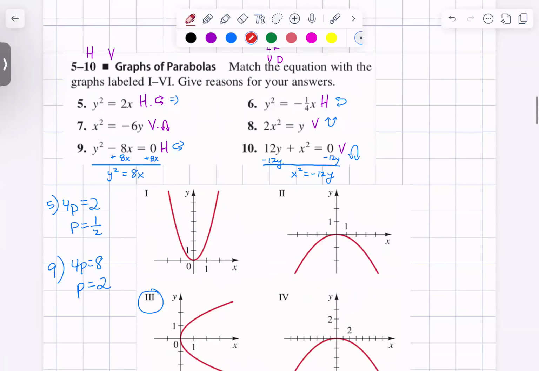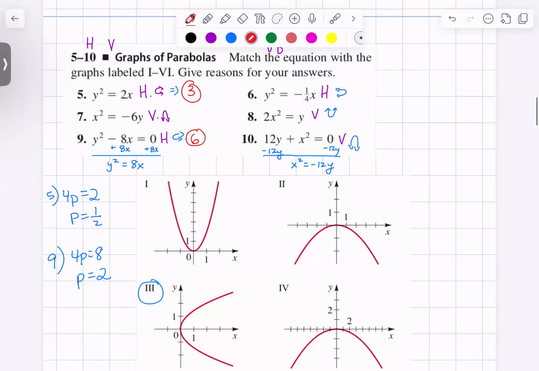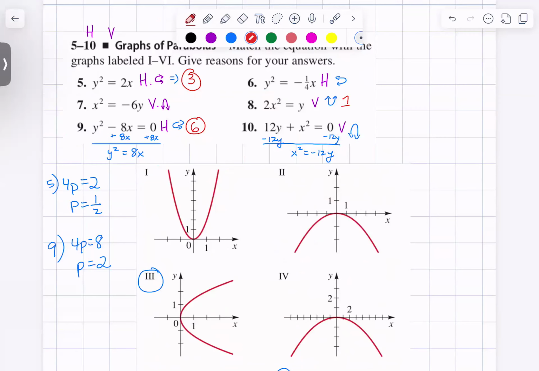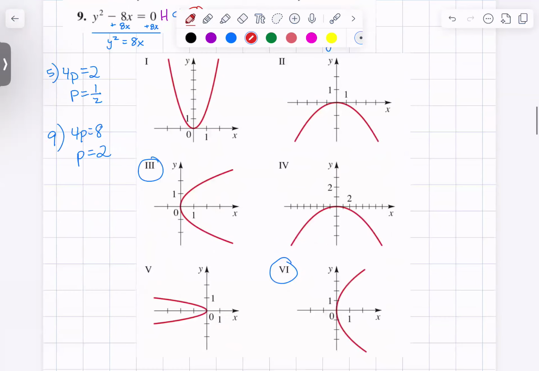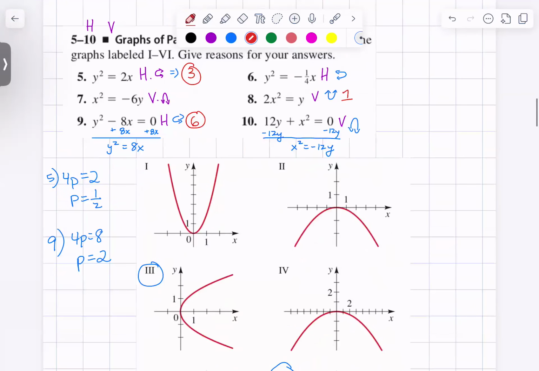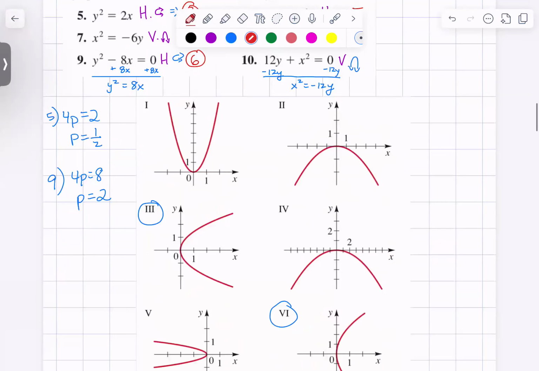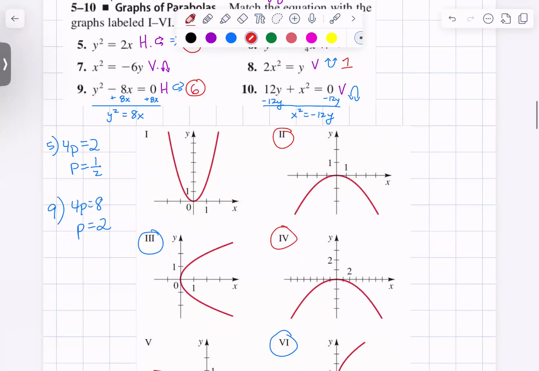So this one is 3. This one is 6. Okay. The one that's facing up is this one here. The one that's facing to the left, number 5, is 6. And then 7 and 10 are both facing down, and we're left with these two guys here.